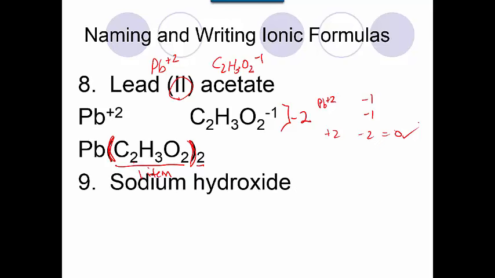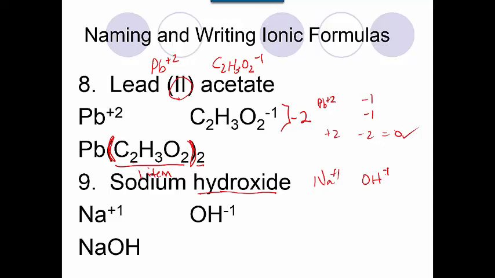Now let's look at another one. We have 2 left, one more after this one. We have sodium and hydroxide. Sodium is just the element Na, and it's a +1 charge. It's on your periodic table. But hydroxide is new. Hydroxide is a polyatomic ion. It is OH, and it is a minus 1. So right now we're just starting with a plus 1 with a minus 1. So just having one of each of those, the charge is already balanced to 0.